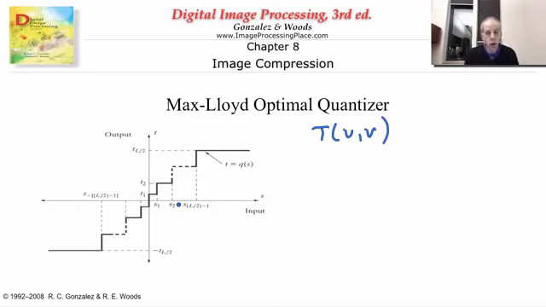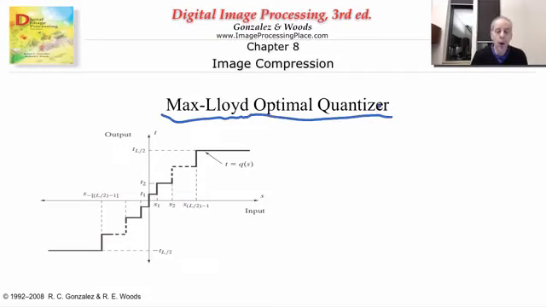But I want to conclude this chapter on quantization by explaining that you could actually do better if you were willing to spend a bit more complexity in your algorithm. There is a very nice theory on how to do better, called the Max-Lloyd Optimal Quantizer.